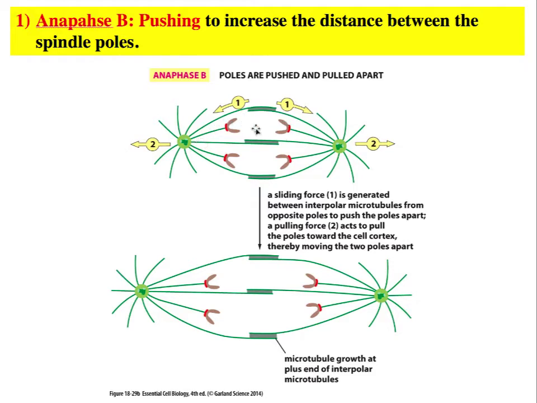So both those systems begin to use motor proteins to drive the distance between the two asters further and further apart. So the poles of the spindle are forced further apart, therefore elongating the cell slightly. Why? To give the chromosomes a better opportunity to be segregated, to be separated.